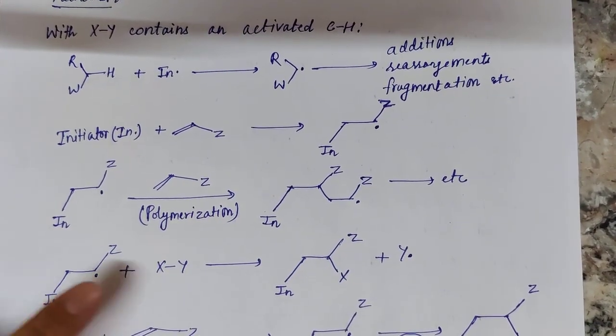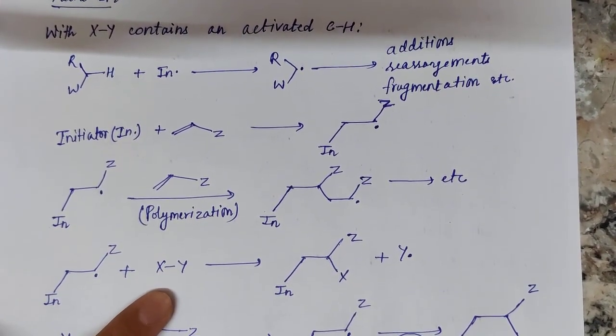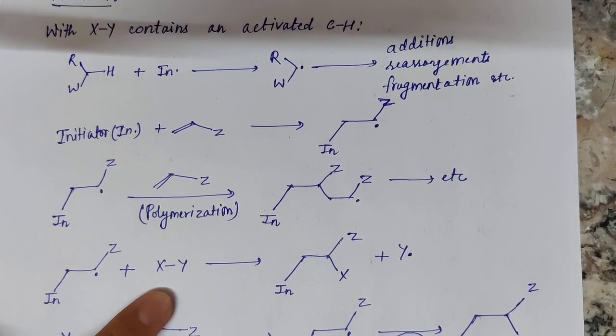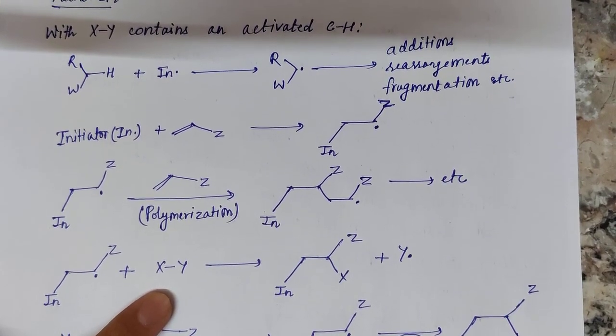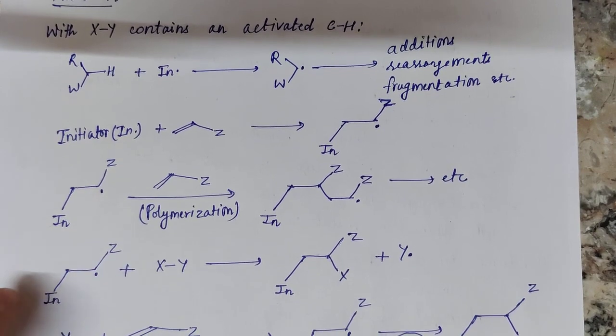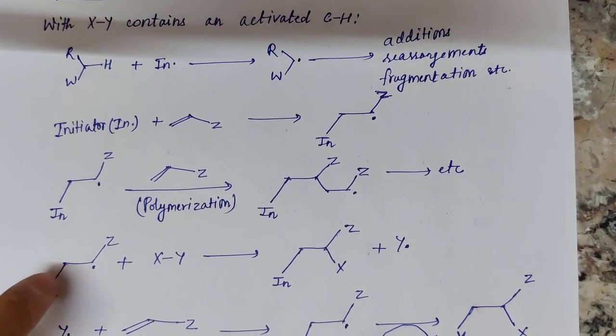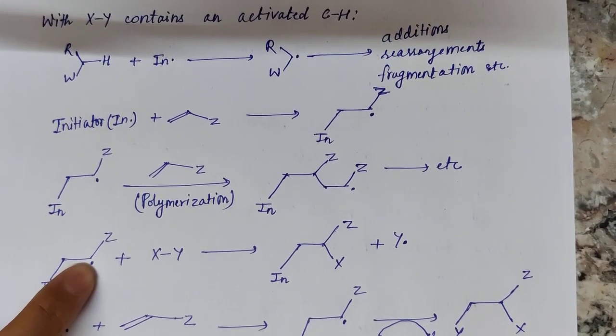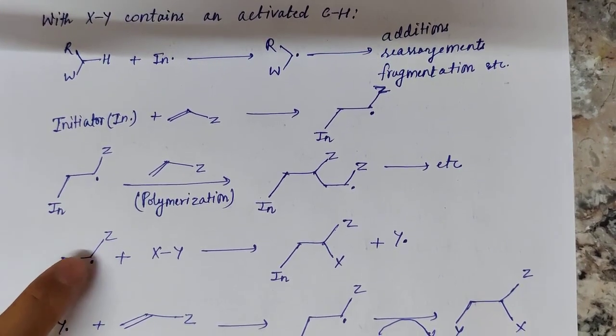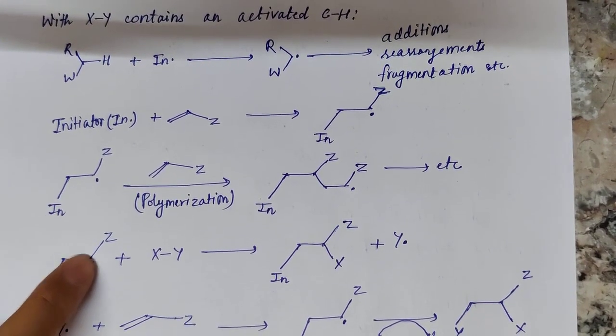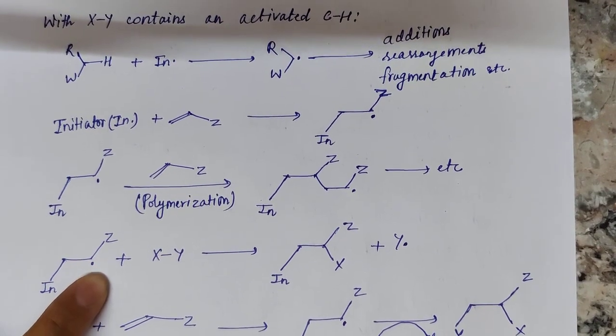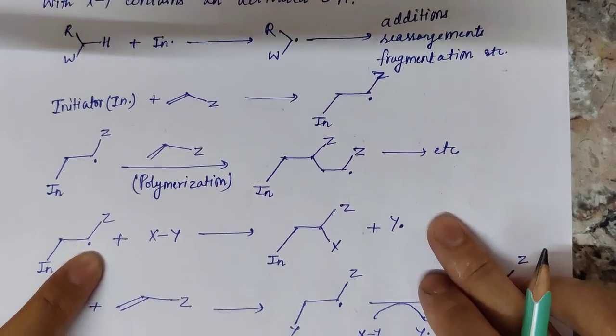So in this way it could undergo polymerization reactions. Okay, if we have some XY compound which has an activated CH bond, it can take up one part of that compound and the other will form a radical.